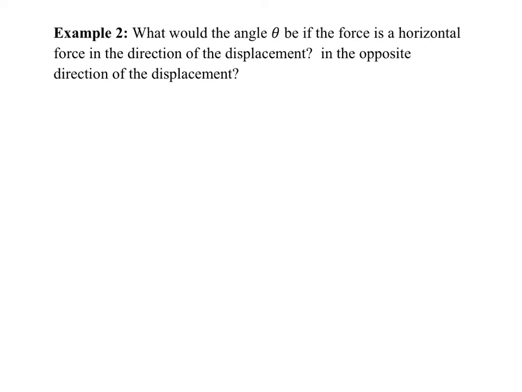So let's take a look at what we're talking about here. Let's take a look at the first scenario. Here's an object. We've got a force that is a horizontal force in the direction of displacement. So let's call displacement to the right, and we've got a force in the direction of that. And then scenario 2, in the opposite direction of displacement.